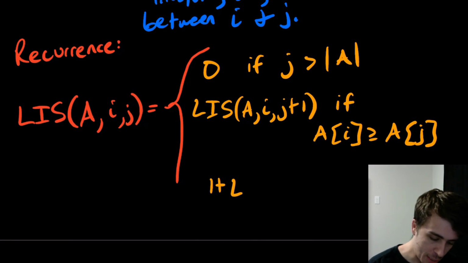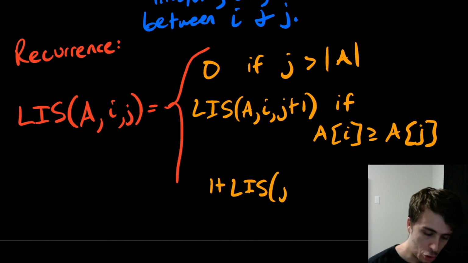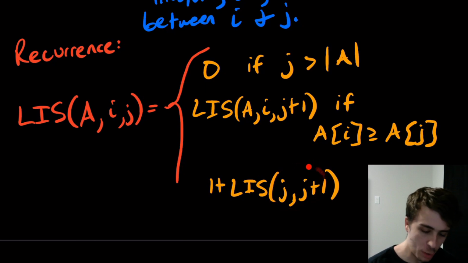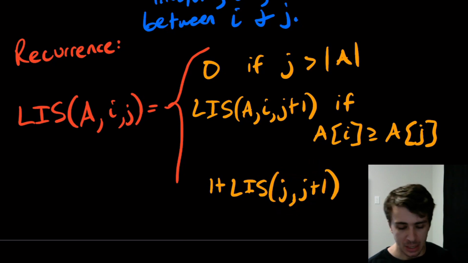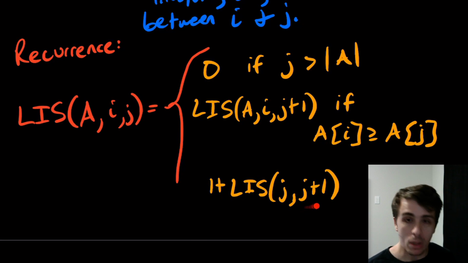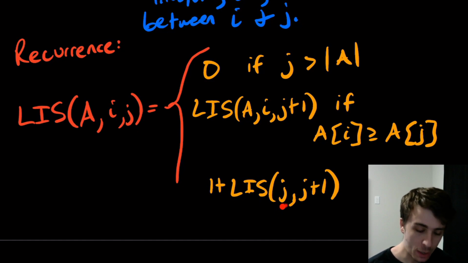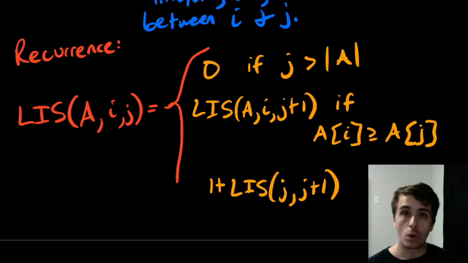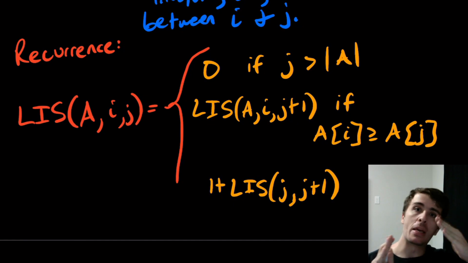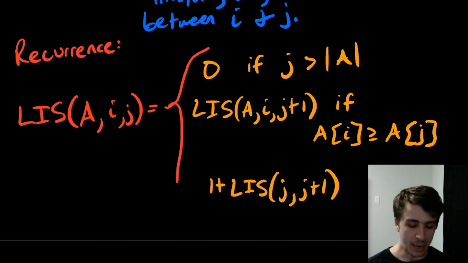So that's actually asking LIS of j and j plus 1. Why those two indices? Because it may be that we will include j plus 1 here instead of j. This is asking if we can include j. We're including j, and then we're trying to move to the next element so we can go through the rest of the elements in the array.